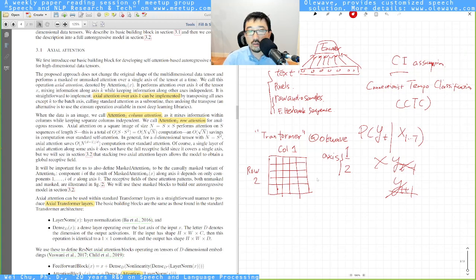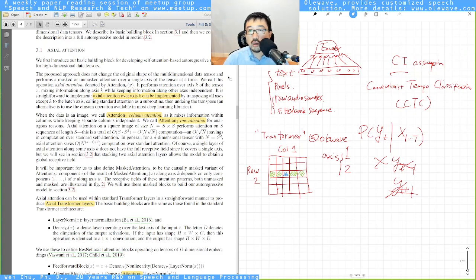So they're saying that, suppose you're looking at this row, and suppose you want to generate attention for the central pixel, this one.